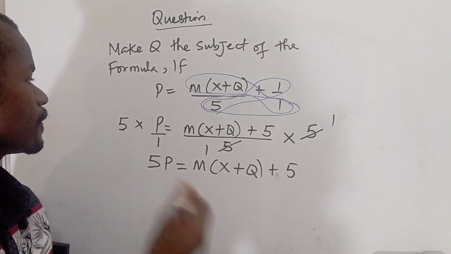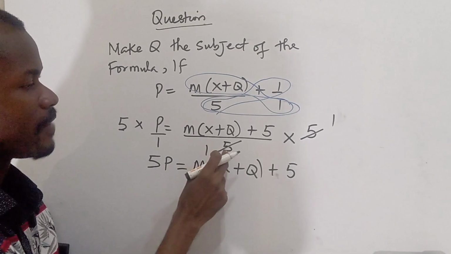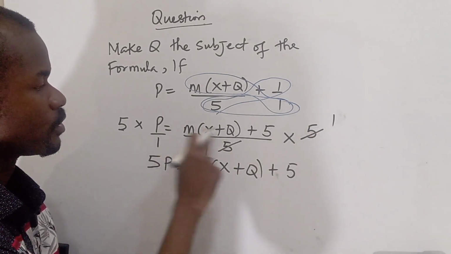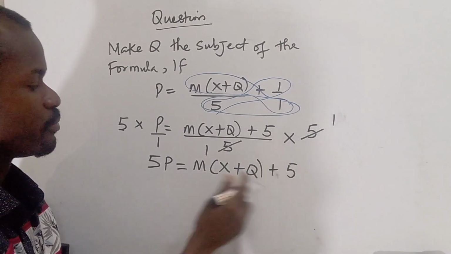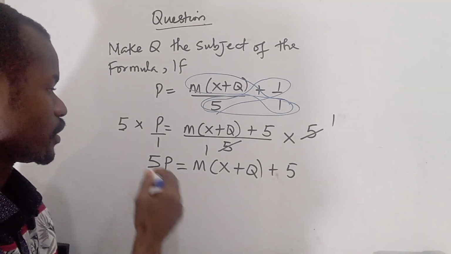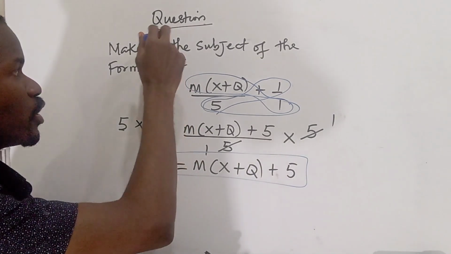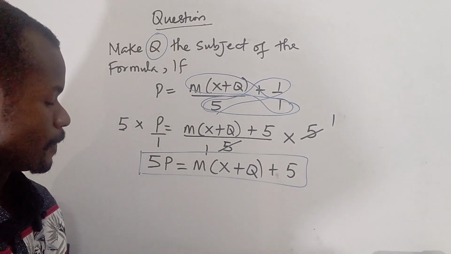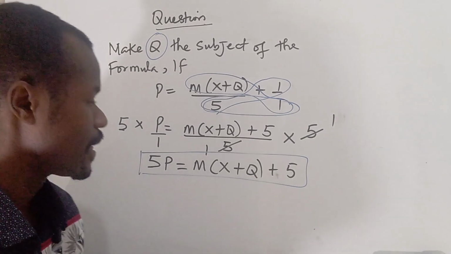Let's also check. 5 times P is 5P. 5 has cancelled 5. So M multiply this plus 5. So both expressions are giving us the same expression, which is this. So remember, we are making Q the subject. So I want to simplify this in such a way that Q is left on one side.